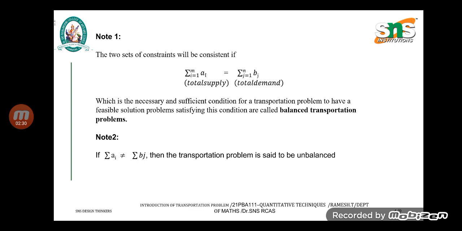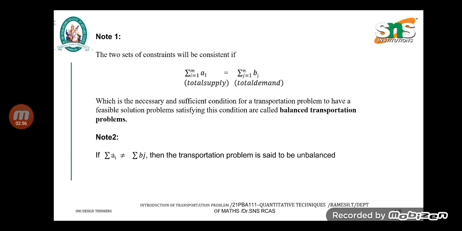The two sets of constraints will be consistent if the sum of Ai, that is total supply, and the sum of Bj, total demand, are equal. First we check the total supply and the total demand, which is a necessary and sufficient condition for a transportation problem to have a feasible solution. Satisfying these conditions is called a balanced transportation problem.